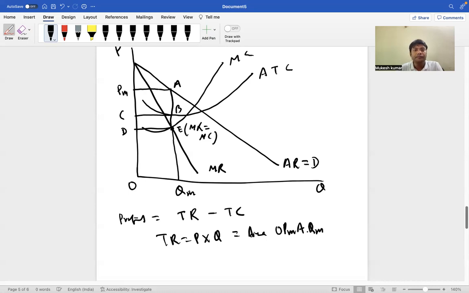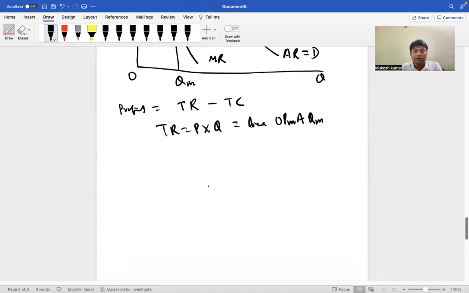And what about the total cost? In this diagram, you know that average total cost is the ratio of total cost divided by output.